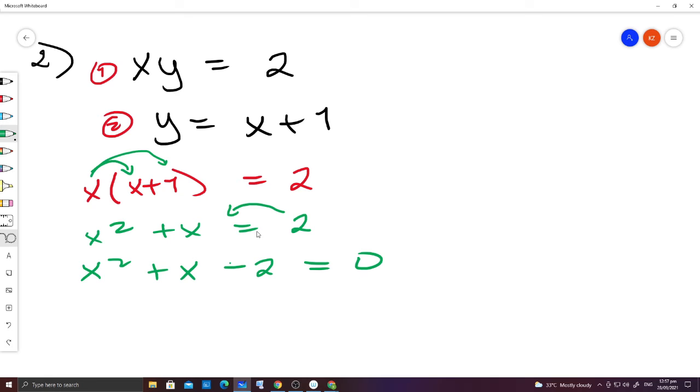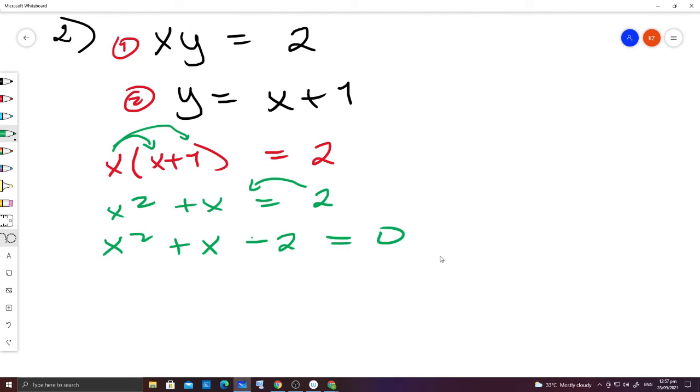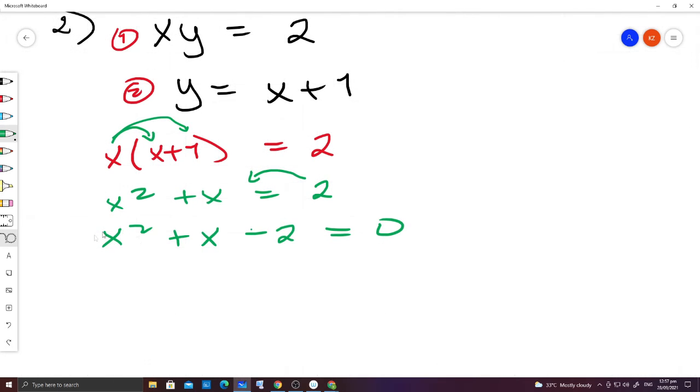As you can see, on our first topic for term 2, we have studied it already, right? How to factor this one. So now you are going to apply what you have learned from the very first lesson of term 2, because the equation becomes a quadratic equation.